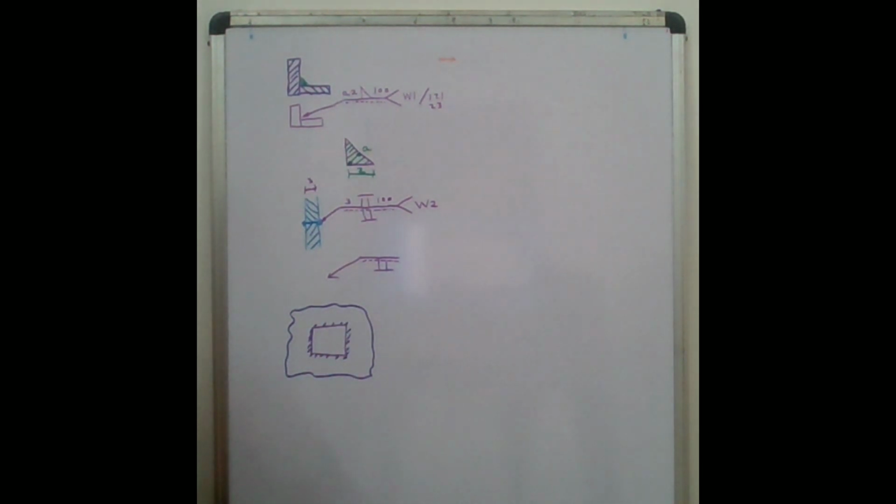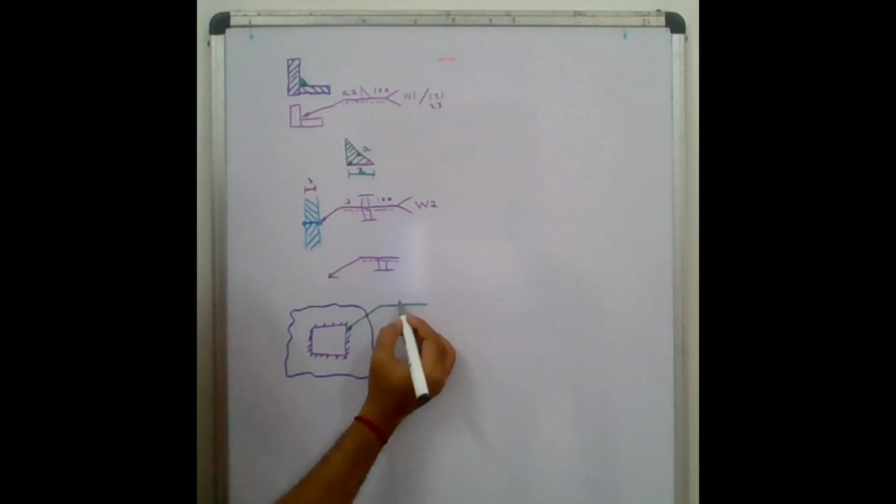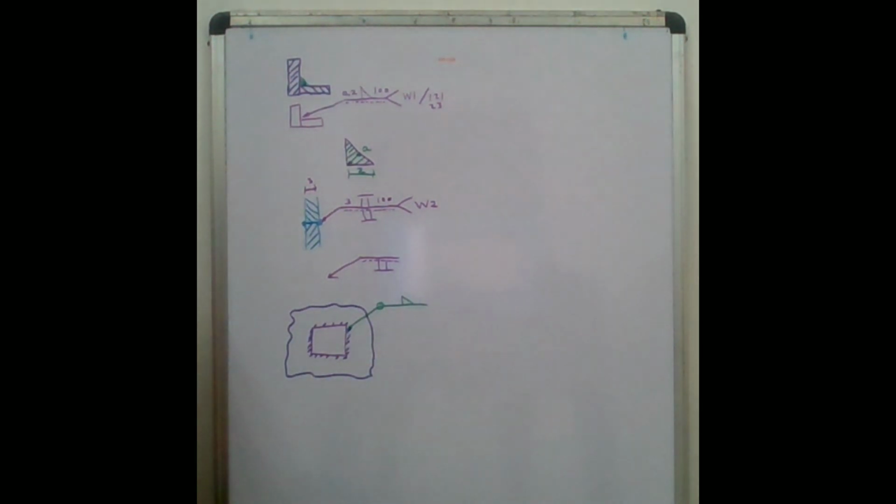Then we can represent this with a symbol here: the fillet weld, and this circle that we need to mention for welding all around.